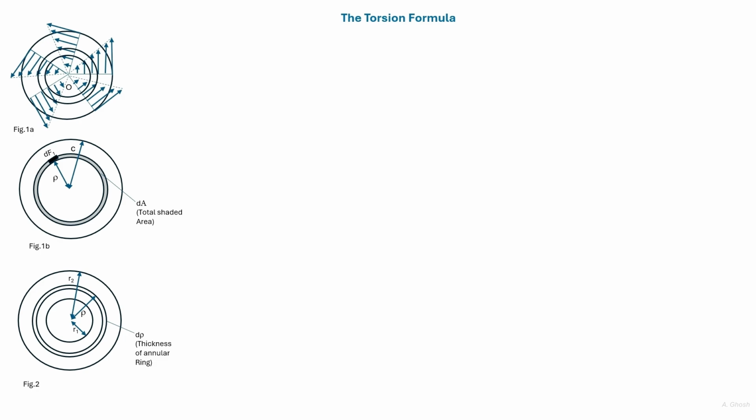Here we obtain the torsion formula. Earlier, using heuristic arguments, we found out the variation of strain in a perpendicular cross-section of a circular member. It was found that the strain was 0 at the center and was maximum at the outer surface and varied linearly from the center to the outer surface.